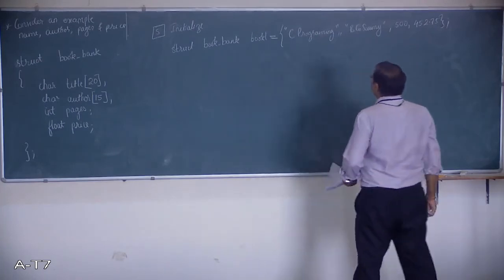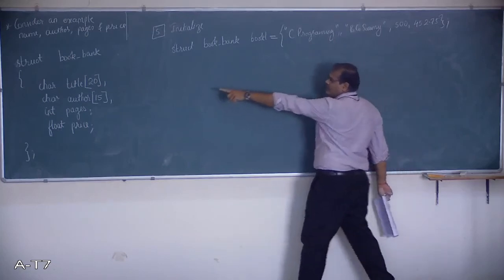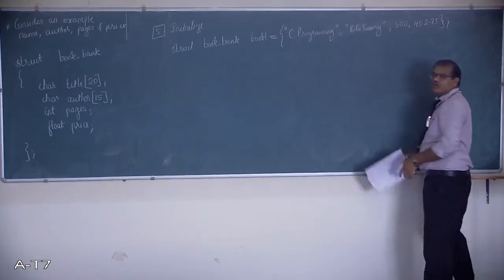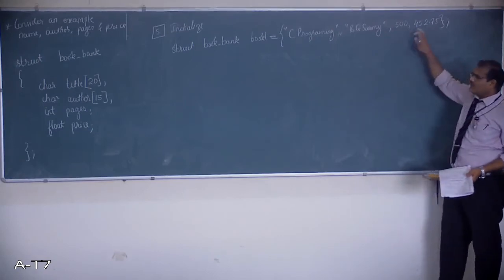So this indicates that the first is for the title, the second is for the author, the third one is for the pages, and the fourth one is for the price.